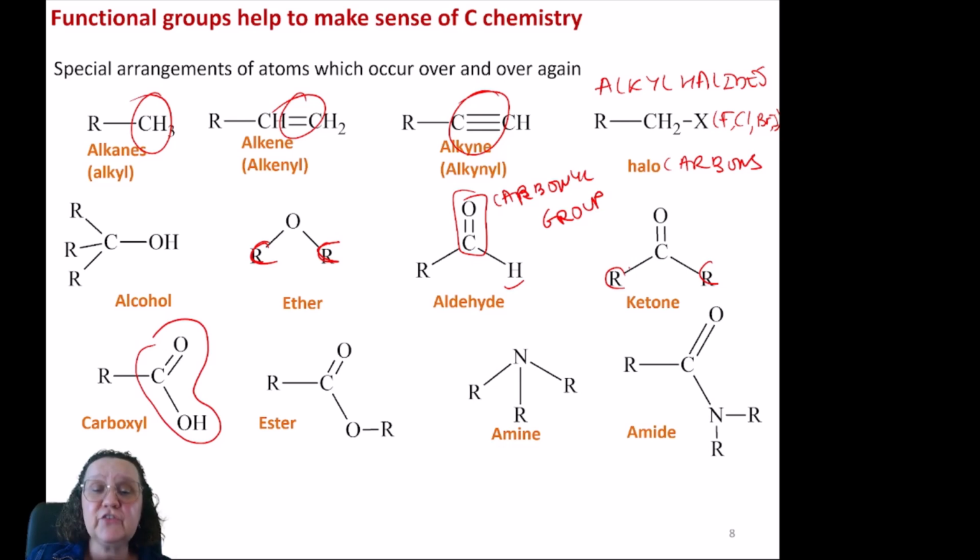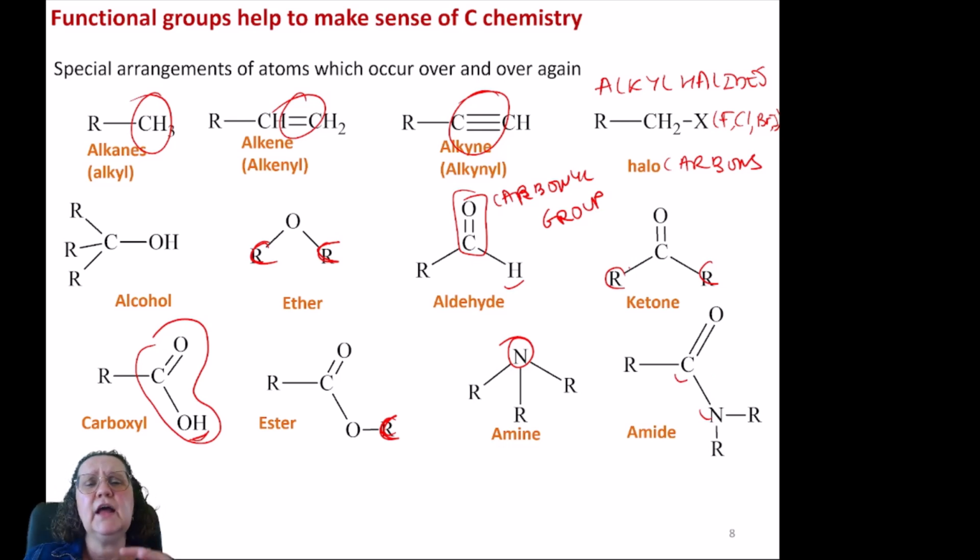You can have an ester, in which you have lost the hydrogen, and in turn you have the oxygen attached to a carbon. And you can have amines, in which you have the nitrogen atom, or amides, in which you have a carbonyl group and a nitrogen next to each other.